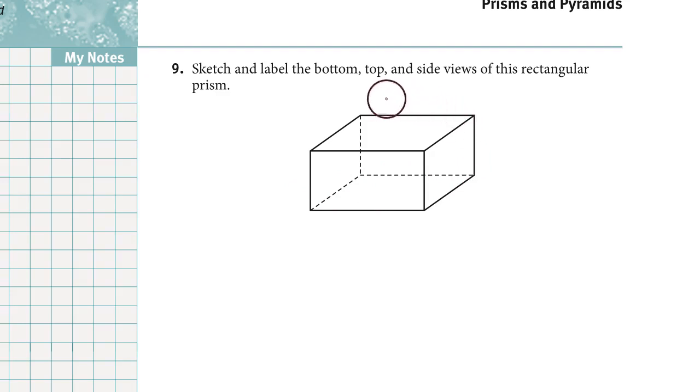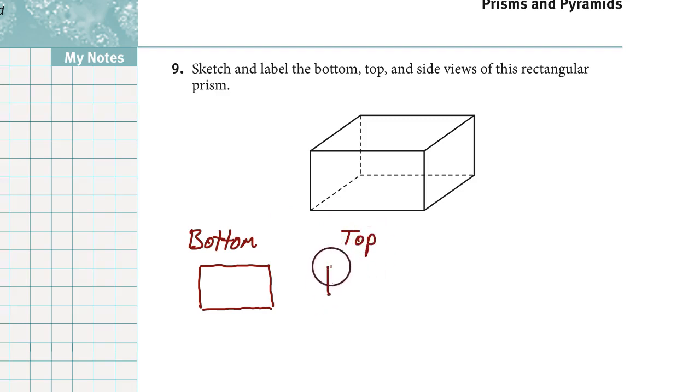For example, if we have a rectangular prism, a common box, what would this look like to you if you viewed it from the bottom? If your eyes were looking directly at the bottom and you could not see the sides of it at all, what shape would you see? You would see a rectangle. If you were looking at this from the top, what would you see?